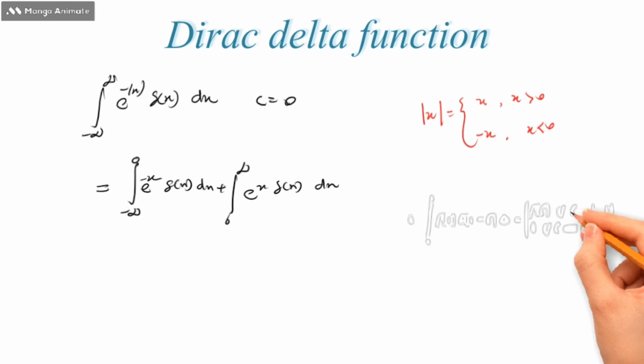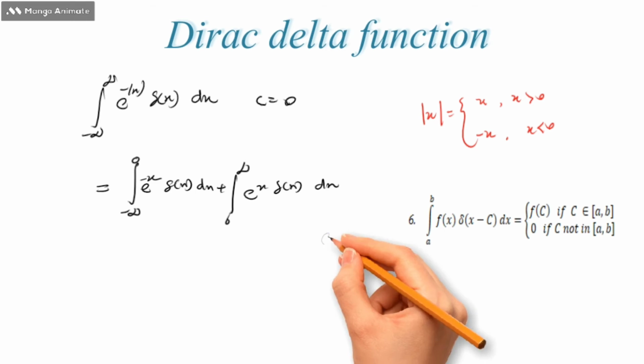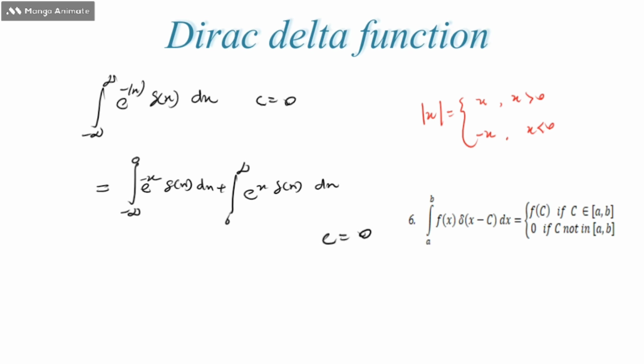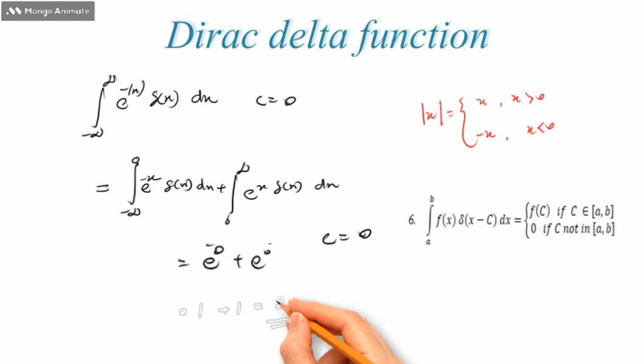Further, it is solved by the sixth property. Integral a to b f of x delta of x minus c dx is equal to f of c, if c lies in between a and b, otherwise it is 0. By putting the value of c equal to 0 in the function, we will get the result equal to 2.